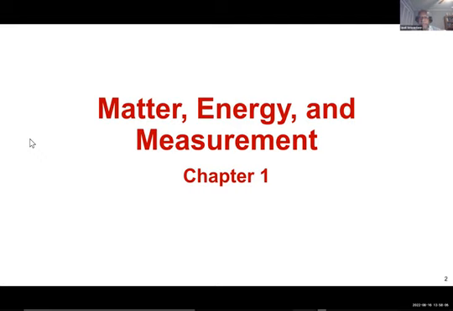Therefore, we can observe matter through energy changes, and these energy changes are measured by measurements. That's the main idea.